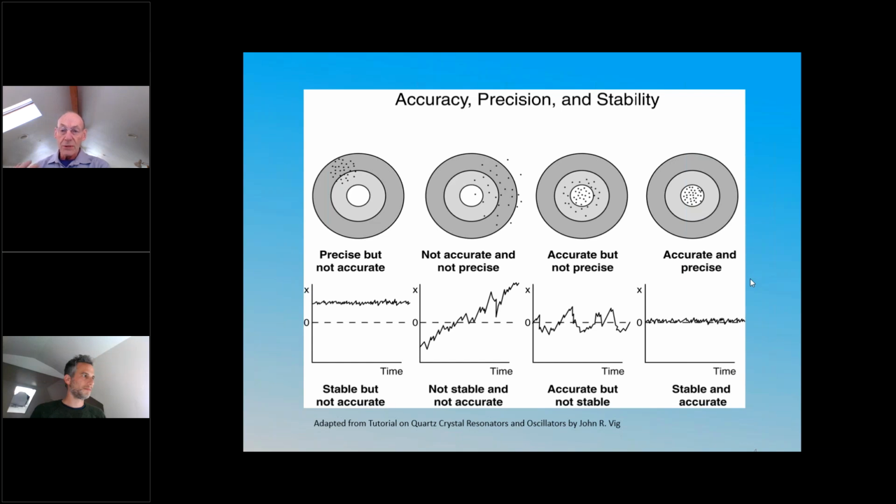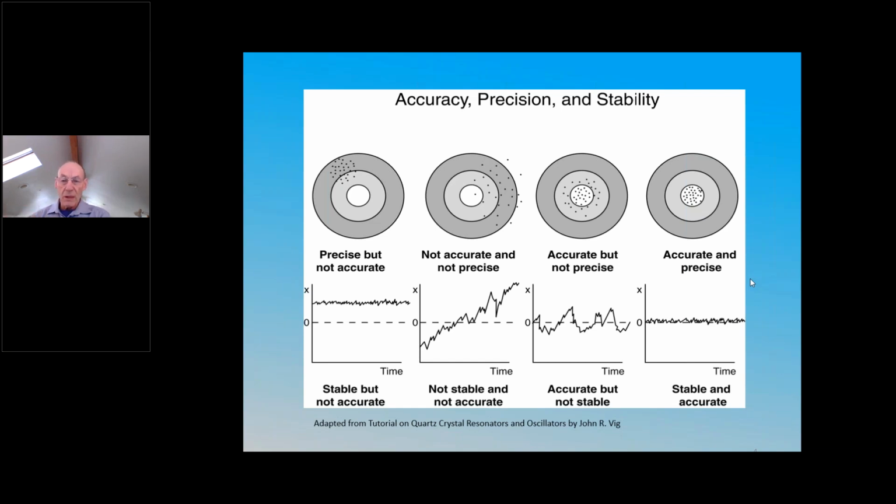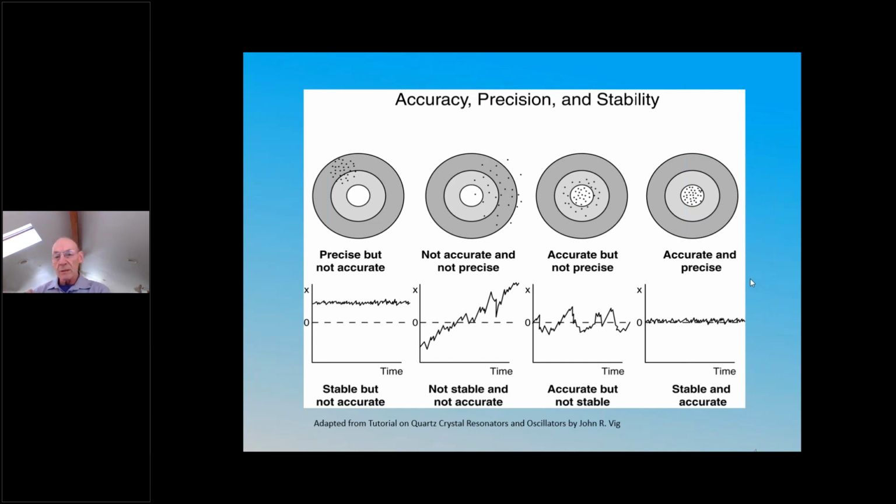You never just measure a clock. So you're always looking at the difference between two clocks. What you want is to have the reference clock be much more accurate and much more stable than the clock that you're measuring. But there's always the noise of both clocks and the inaccuracy of both clocks in any measurement.